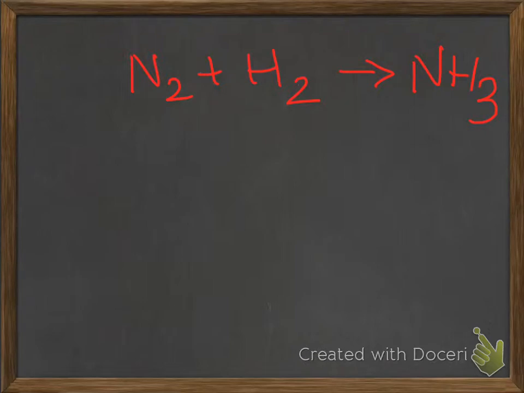Now, you can see that there are two parts. One is a compound part and one is when two molecules mix together to form this compound. Now we should balance the number of atoms on either side so it will be equal.